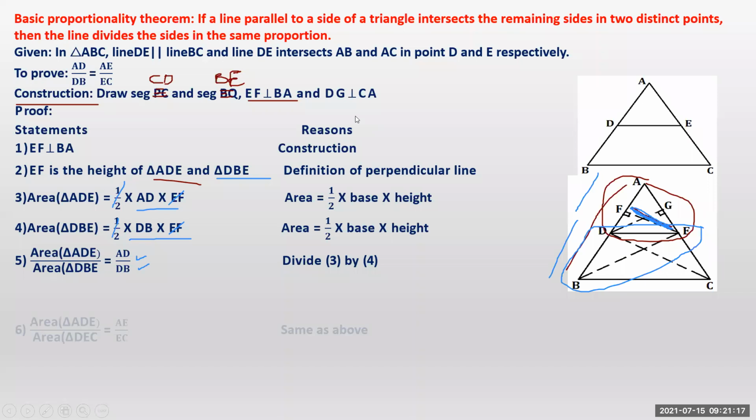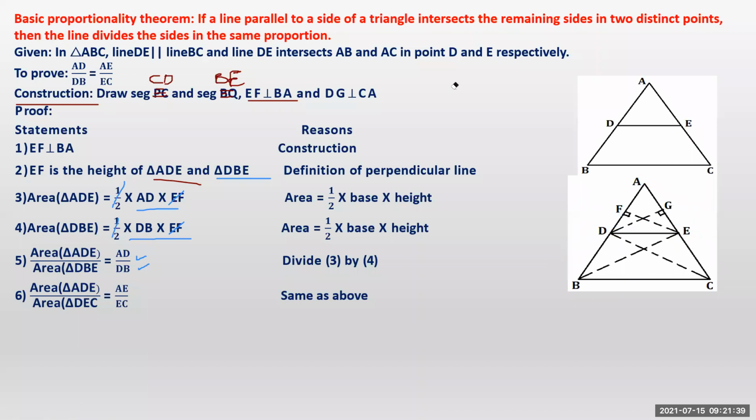Next is area of triangle ADE upon area of triangle DEC. What you will get is AE upon EC. Same thing. Now this DG is the height, and this AC we can consider as the base.